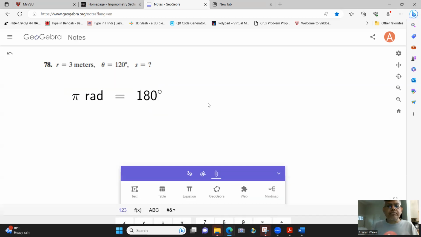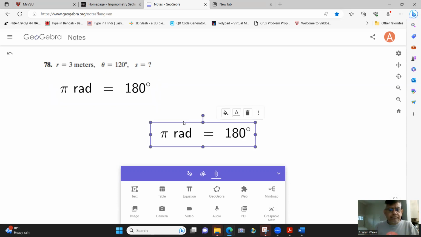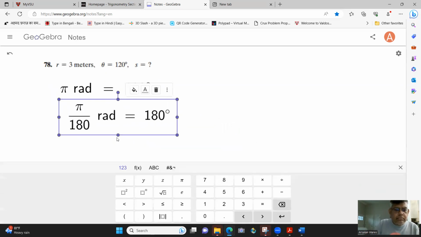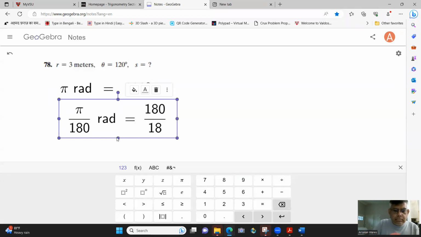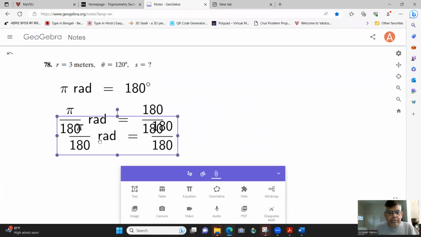That's something I know. Now, what do I want? I want the right-hand side to be 120. So I divide both sides by 180. And that's good news because 180 divided by 180 is 1.